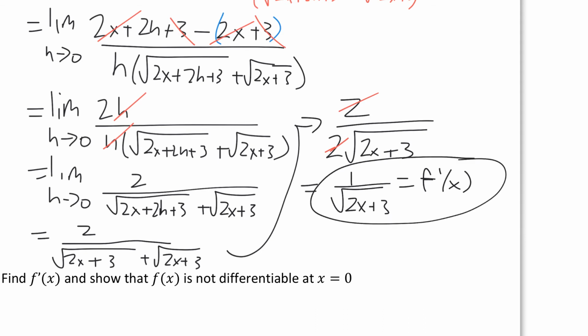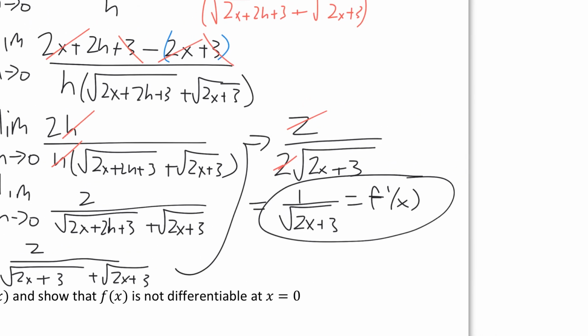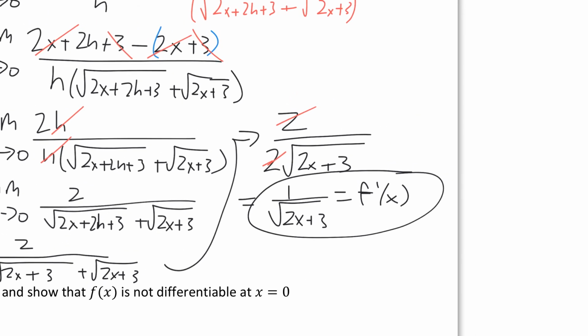Now we also need the domain, which is a little tricky. For doing a square root, of course, we don't want to have any negative numbers. And for doing a reciprocal, we don't want to have anything of 0 on the bottom. So what that means is we want the 2x plus 3 to be strictly positive, because we don't want it to be equal to 0.